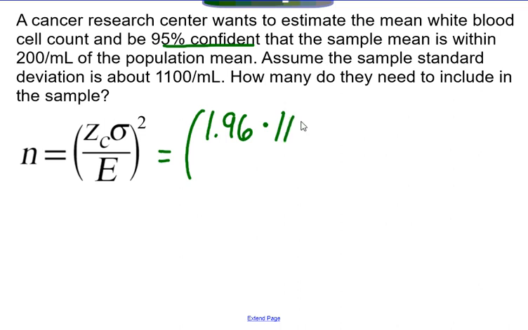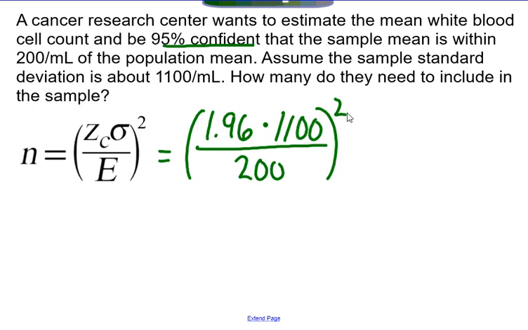Okay, so 1,100 divided by margin of error, which is going to be 200. It says the sample mean is within 200 milliliters, so within 200. And then I square it. And I just type that in my calculator. So grab a calculator, 1.96 times 1,100 divided by 200, and then square it.